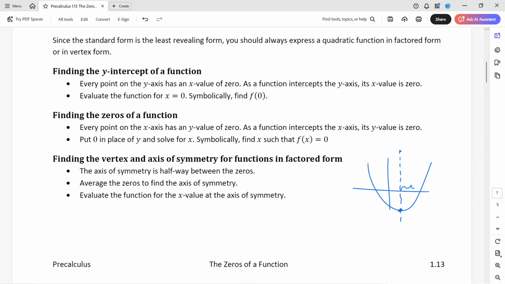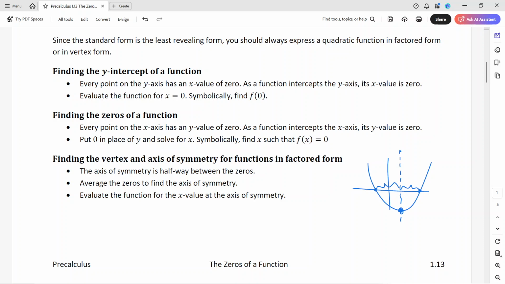And the distance from either side, I didn't draw it to scale, sorry, the distance from either side of that line of symmetry to those x-intercepts, or those zeros, is the same. So I can reverse that, and if I know what the two zeros are, I can find the midline of that. And then whatever that x value is at the midline, I can always evaluate the function at that point, and that'll be my vertex. And we'll see that in a couple of examples.